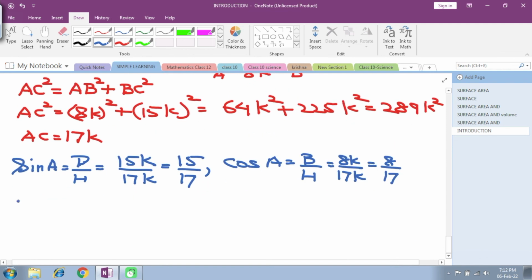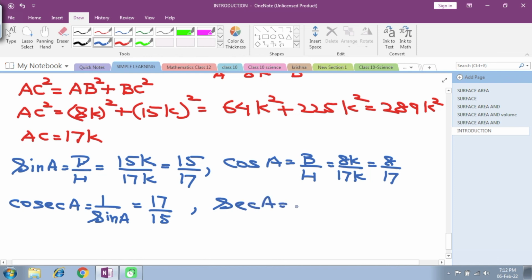Now what is cosec A? Cosec A is reciprocal of sin A, 1 by sin A, which is equal to 17 by 15. And what is secant A? Secant A is reciprocal of cos A, which is equal to 17 by 8.